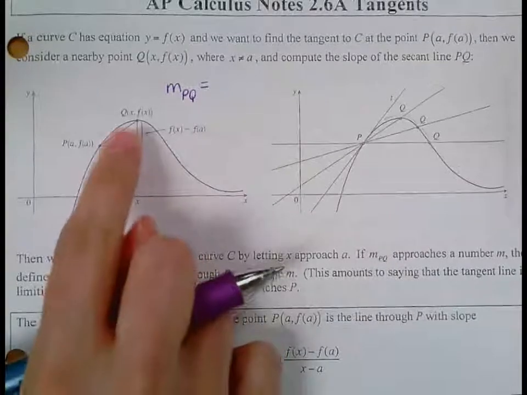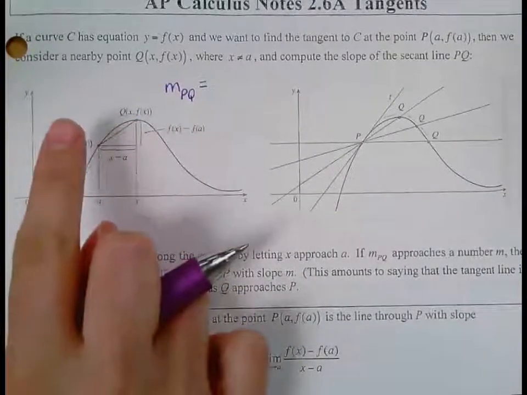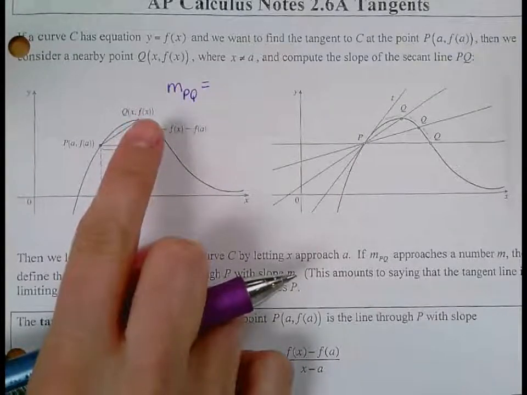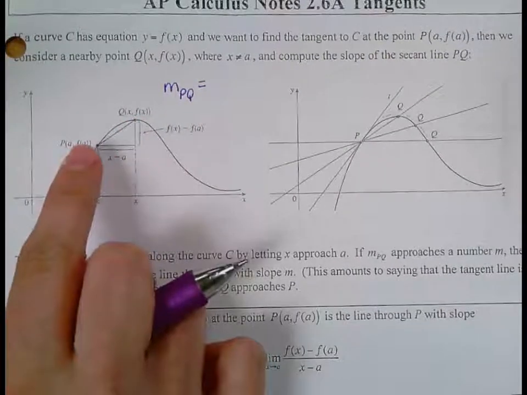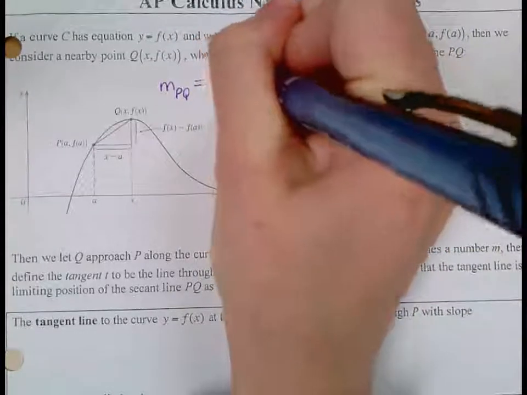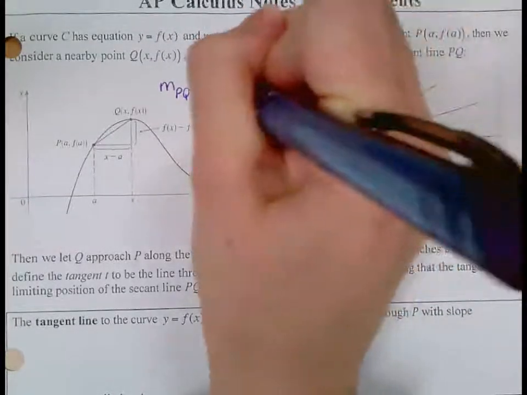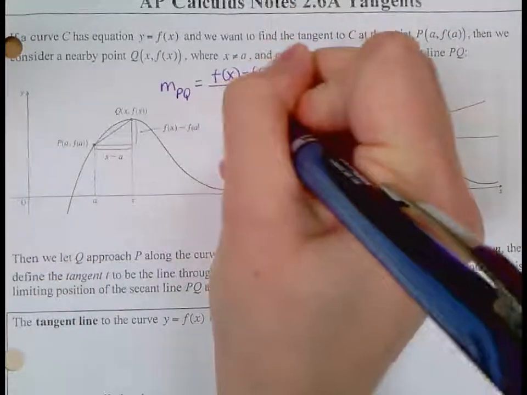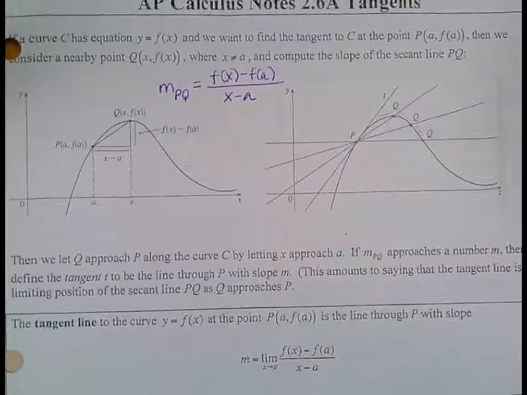I can use the slope formula to come up with a formula for the slope of any secant line, and that would be the change in the y value, so it'd be f of x minus f of A, over the change in the x values, x minus A. So no matter what point Q you're choosing, we can use that formula. We're just calculating the slope between the points P and Q.